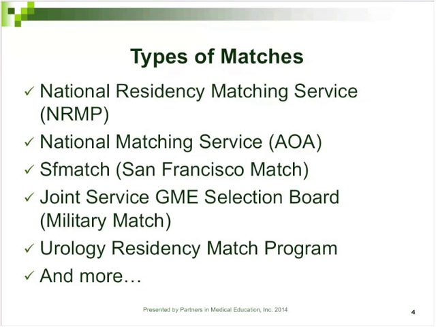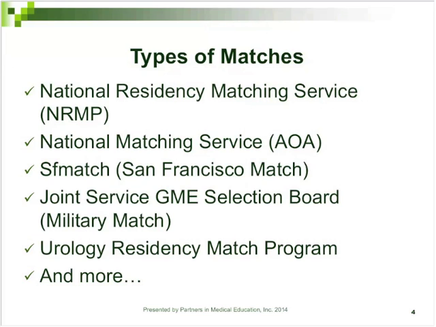The National Matching Service is not far behind the NRMP, as it is the main matching program for osteopathic residencies. But now, as we move those osteopathic residencies into the ACGME and the accreditation system, we are expecting that the programs will then switch over to use the NRMP system.